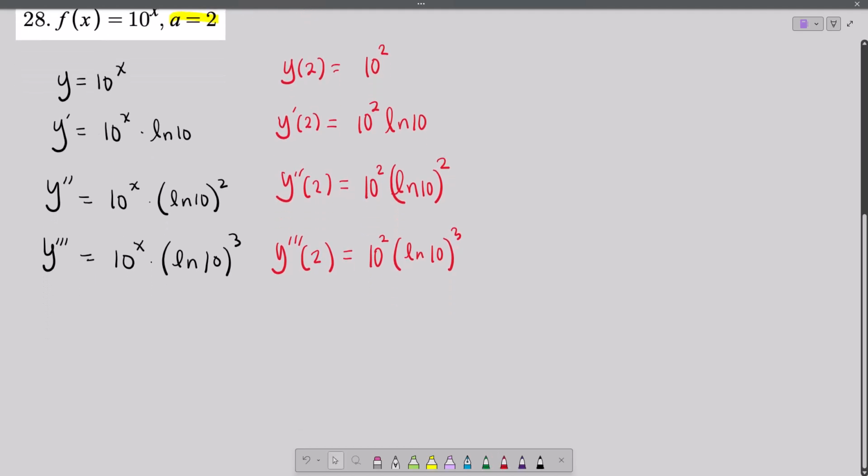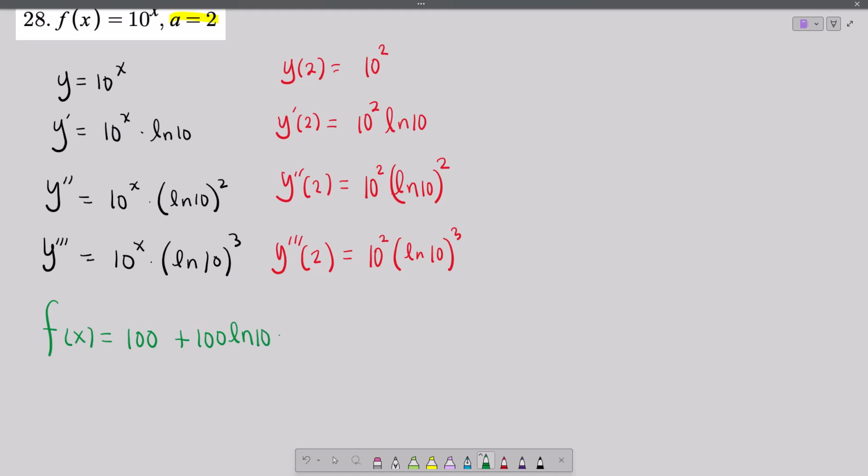So our Taylor series will be f of x will equal the value of the function, which you could write as 100, plus 100 ln 10 multiplied by x minus the center to the first power. So that is our tangent line. So it's approximately equal to the function.